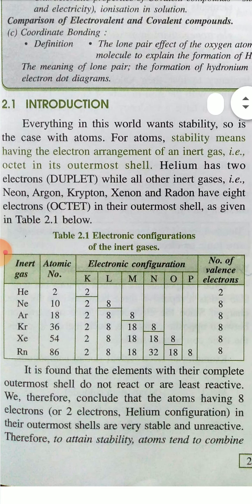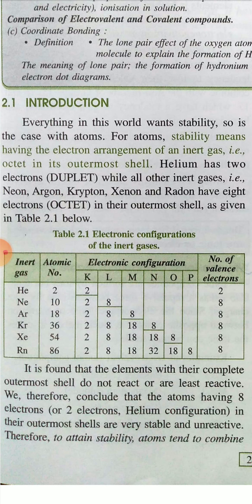Except helium, which has two electrons, that is a duplet, all other inert gases have 8 electrons in their valence shell, that is an octet. So those elements having an electronic configuration similar to the noble gases are more stable.